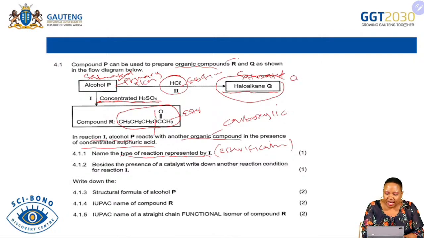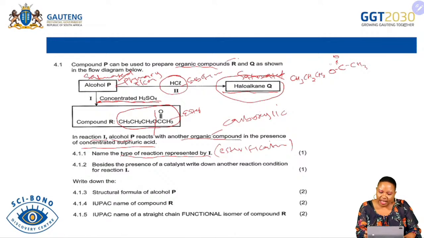So if it is CH3, CH2, CH2, and then O, and then C double bond O, and then CH3, you can already see that our alcohol is coming from the alcohol with 3 carbon atoms, which is going to be propan-1-ol. Why am I saying it's propan-1-ol?